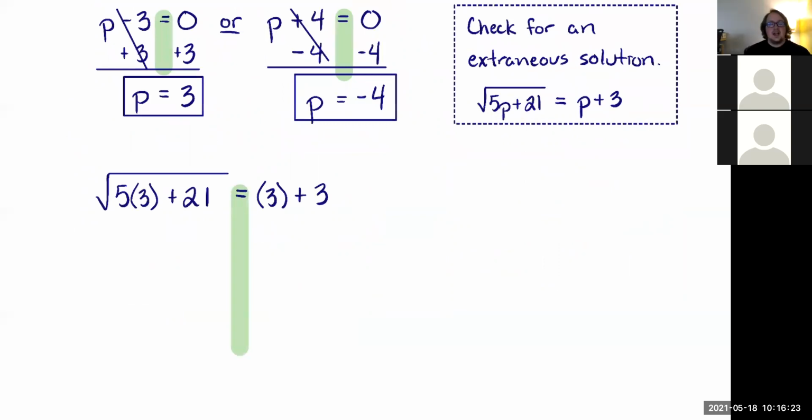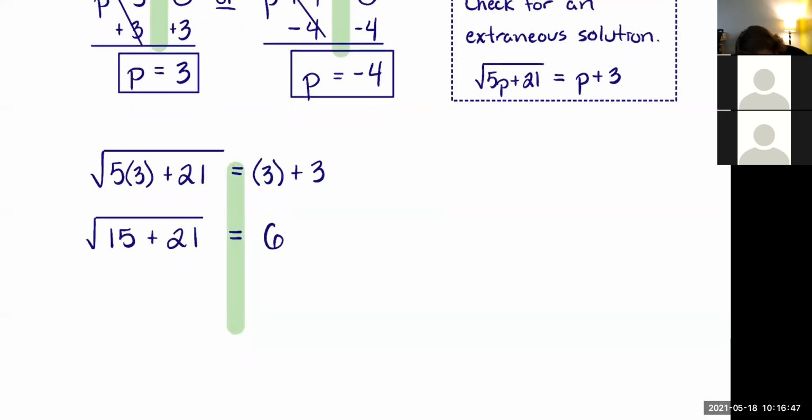On the left-hand side, what would I do first? 5 times 3, which gives me 15 plus 21 inside the radical. On the right-hand side, again, that parenthesis is not doing much. So can I just go ahead and do 3 plus 3? So that gives me a 6.